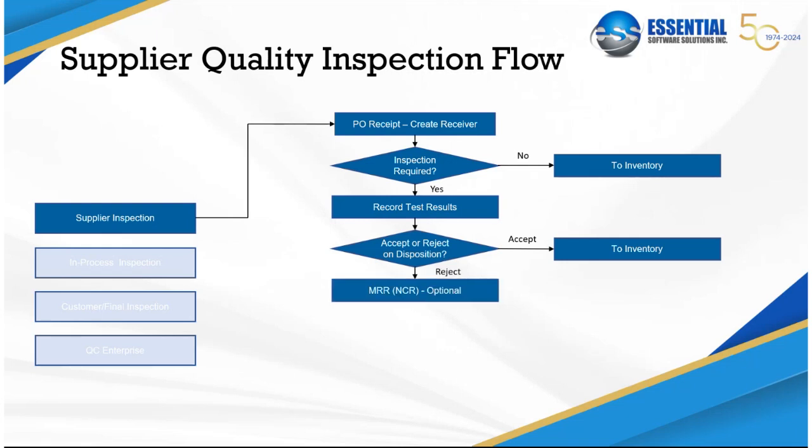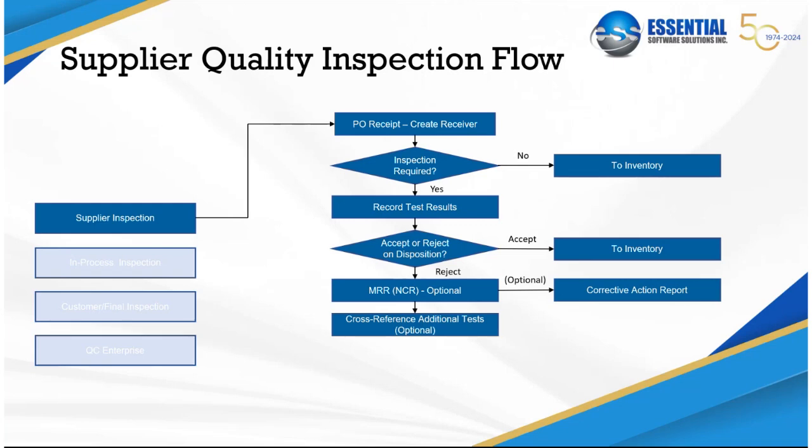So if I have accepted what my test results were, then it just gets moved to inventory through a regular stock or quantity move, where I can move it from my quarantine location to my stock location. And if I reject it, I can choose to create an MRR, which is a material review report. From there, I can go ahead and create corrective action reports.